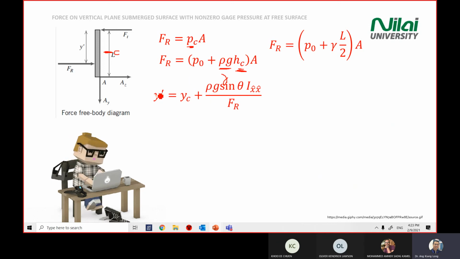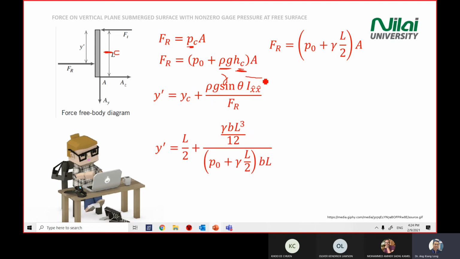Then your Y prime is a governing equation. Y prime equal to Y centroid plus rho G sine theta, your second moment of area, divided by FR. Again, there's an appendix inside the Moodle. You need to download it and have a look in it. Yeah.